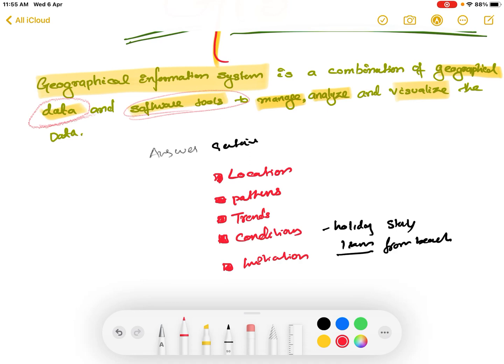Implications means the possible outcomes of an action you are going to take. So geographical information system is used to find answers about things like location, patterns, trends, conditions and implications. This is what we use geographical information system for.